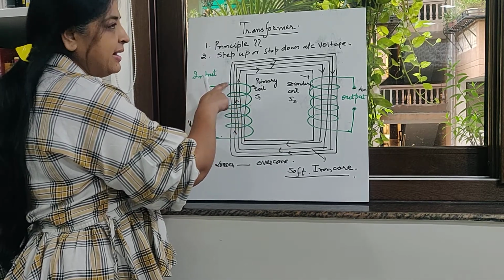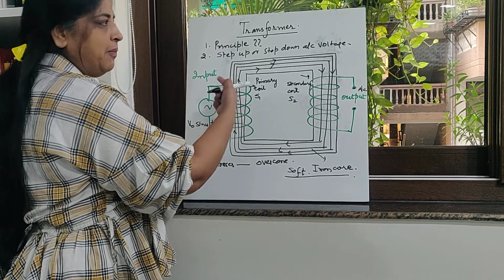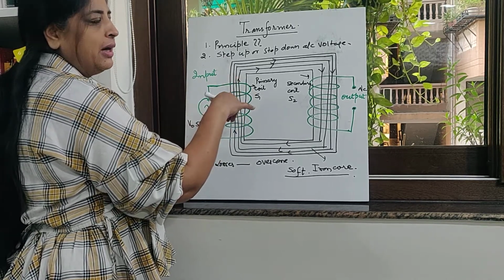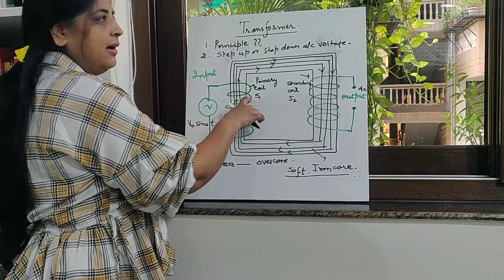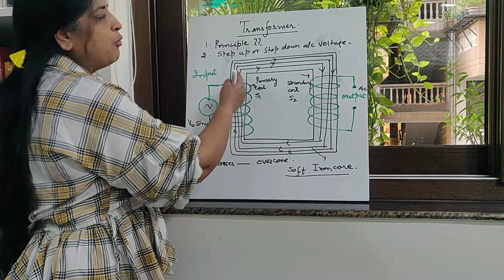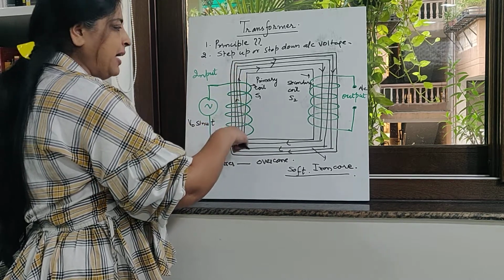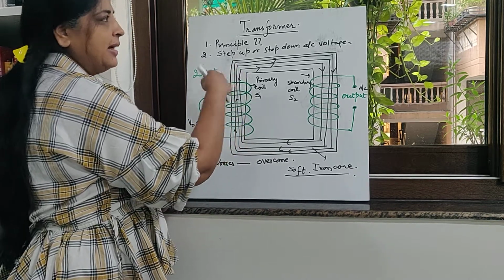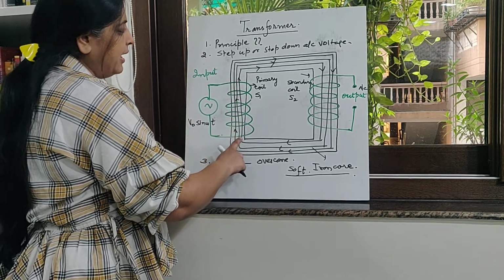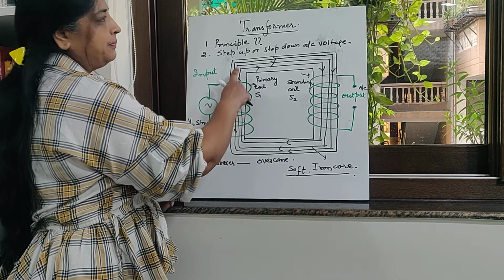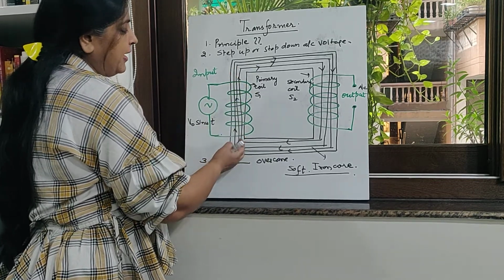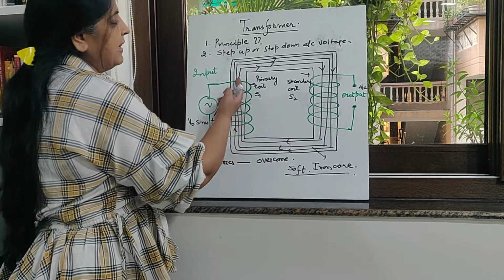Because the current is increasing, the coil will develop an induced EMF and will oppose the growth of the current. Because of this, a magnetic field will be produced, depending upon the direction of the induced current. For this moment, let us say that the current has been produced in this direction.